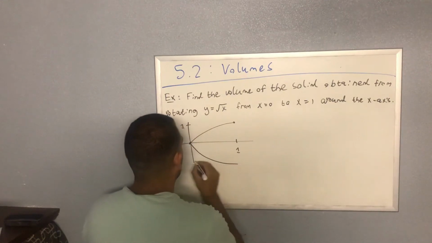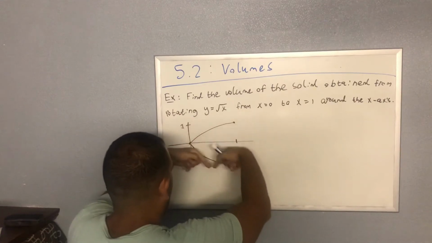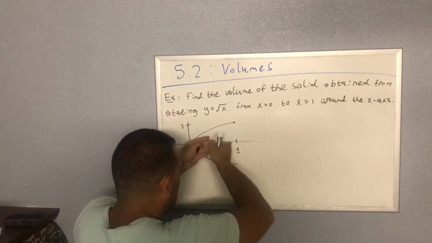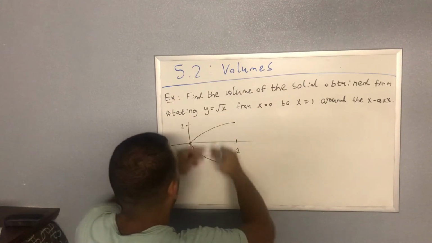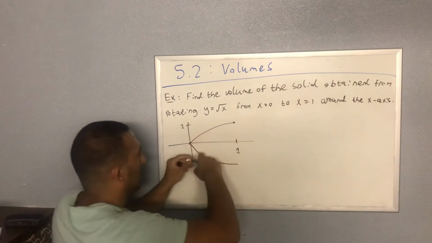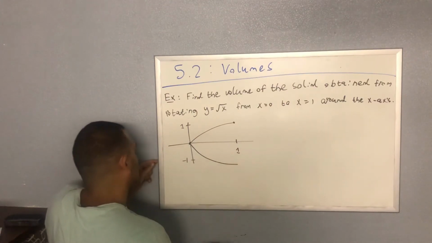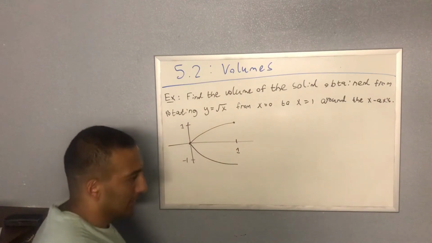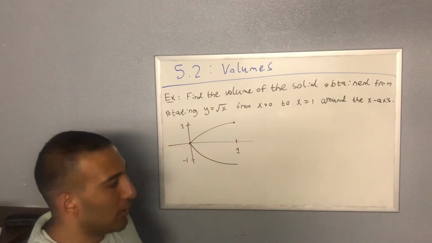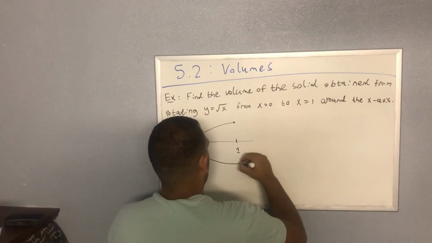So we get a symmetrical shape here down at -1, but you're rotating it into the board, so it rotates out of the board and then into the board until it hits this point again. So it comes like this, and then it goes into the board, which I can't do, and then comes back around and hits that.